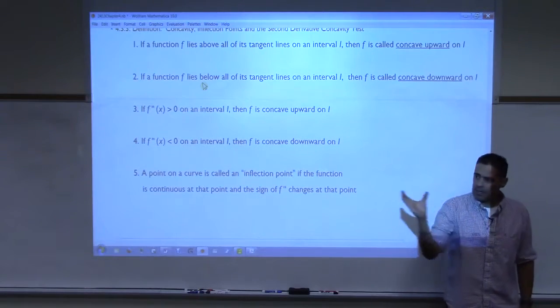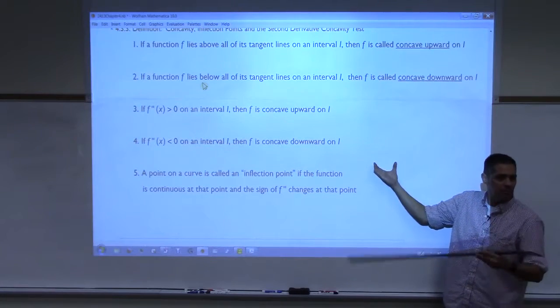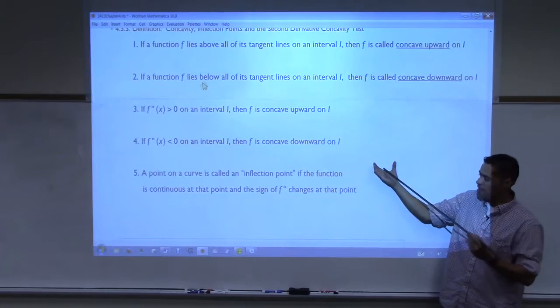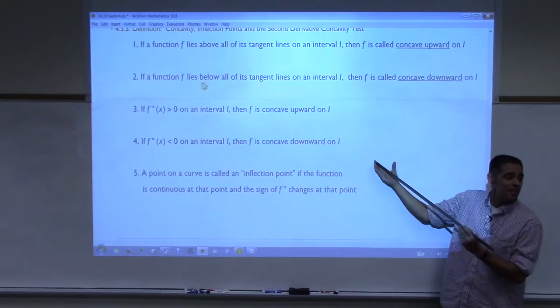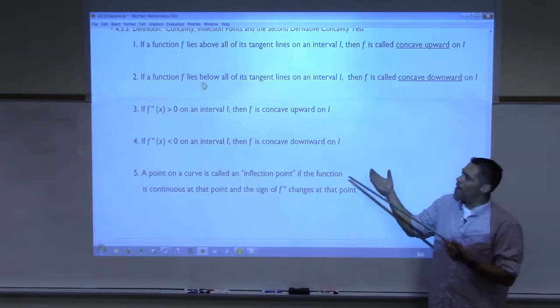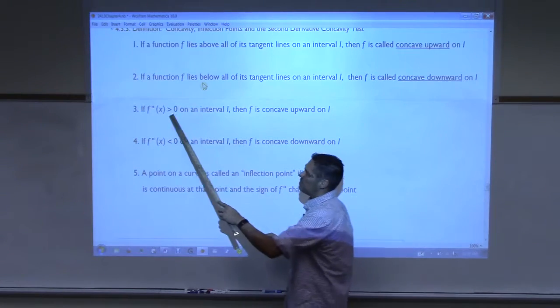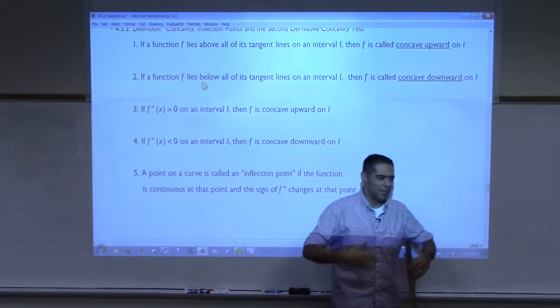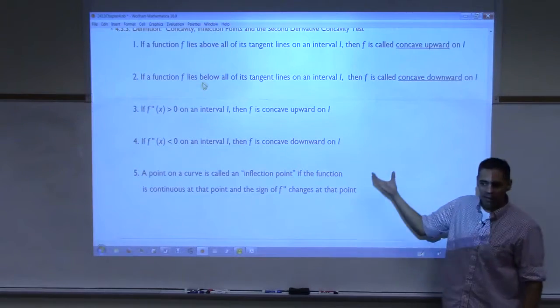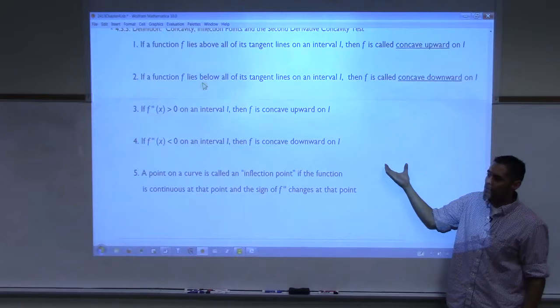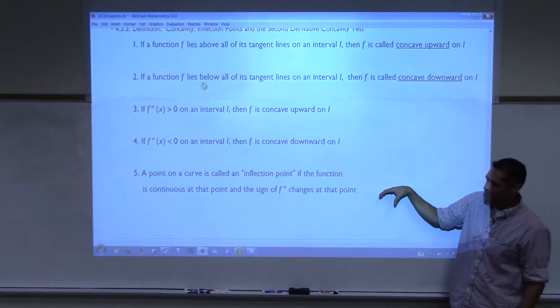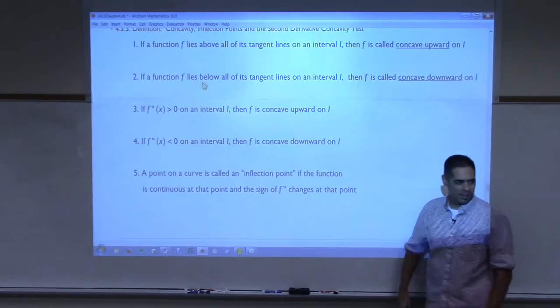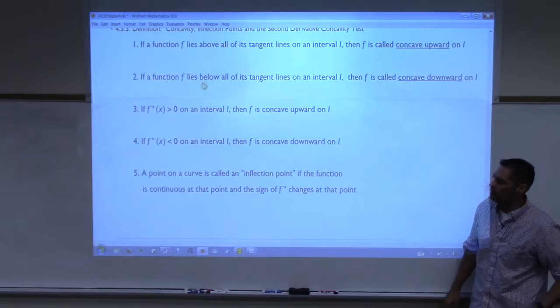Concave up would be like a smile, all right? It's actually easy to remember this way, because second derivative being positive, you can think about positive people who are happy. They like to smile, right? So second derivative positive is happy. Second derivative negative is sad. Concave down. Got it? That's all you have to remember.